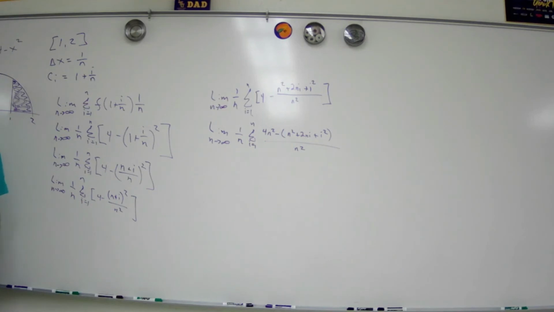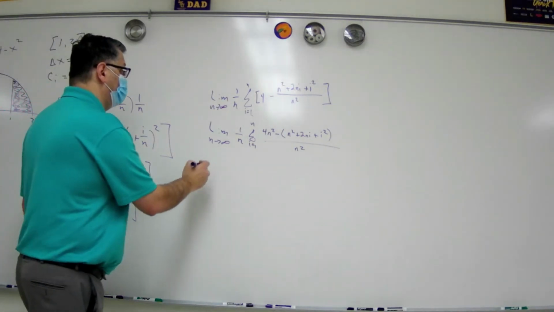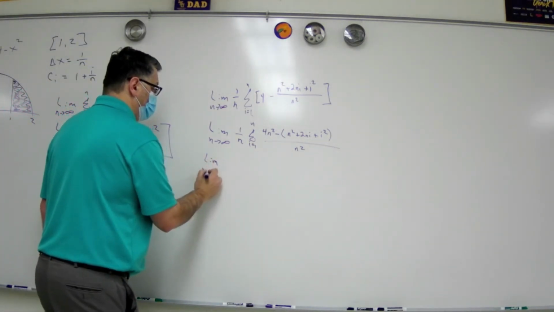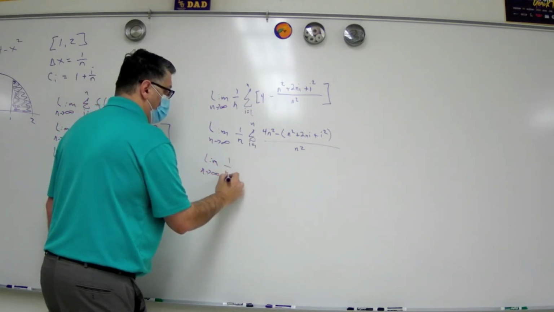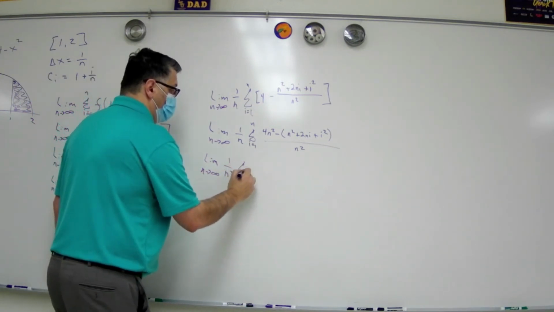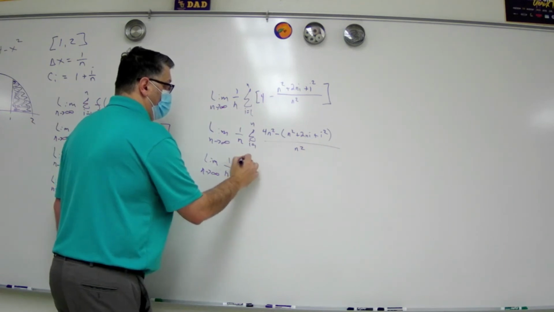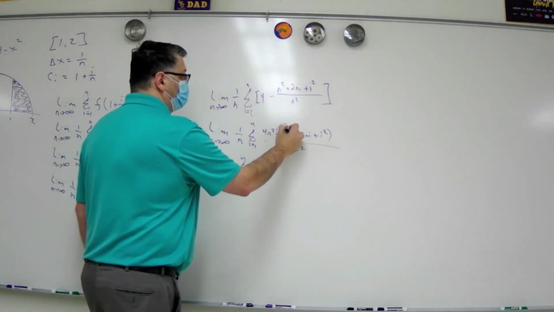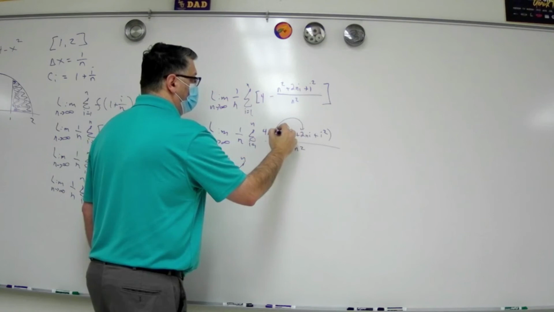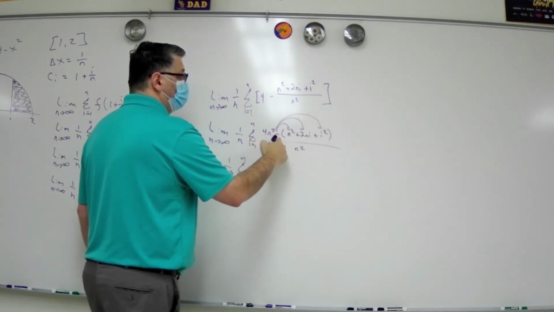The n squared. I can pull the n squared out now at the bottom, and then now I get, so we're going to distribute the negative. So I have 4n squared minus n squared.